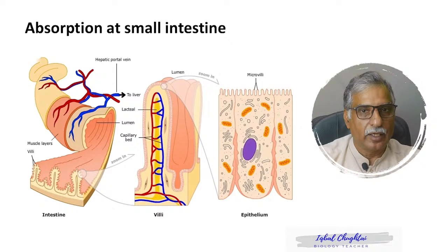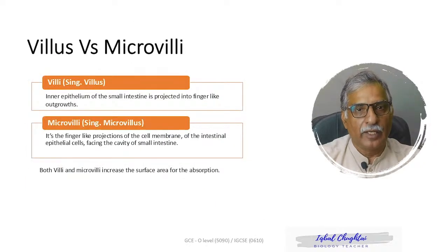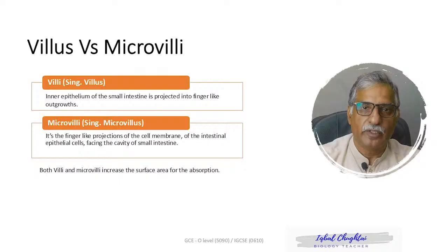Or villi or microvilli? Villi are the finger-like projections of the inner wall of the small intestine. Villi are the finger-like outgrowths or projections of the inner epithelium of the small intestine. Whereas the cells that are making the inner epithelium of small intestine also have one of their membranes facing the cavity of small intestine projected into finger-like outgrowths.